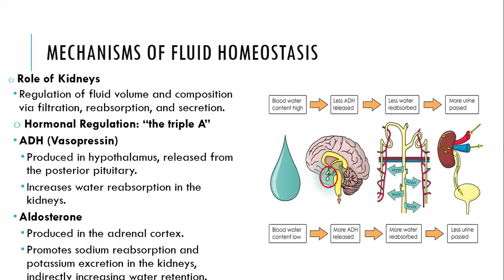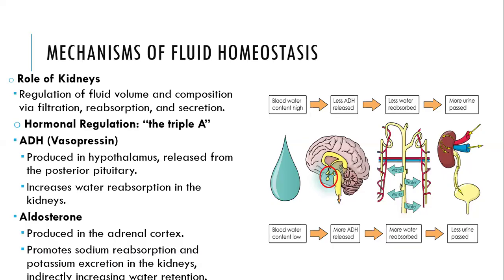Fluid is usually tightly controlled, and that's why we're talking about fluid homeostasis. So how is fluid usually controlled in the body? We have two systems involved in regulating fluid homeostasis. Number one is the role of the kidneys. The kidneys are very essential in regulating fluid volume and composition, and they do this by filtration, reabsorption and secretion of fluid and electrolytes.